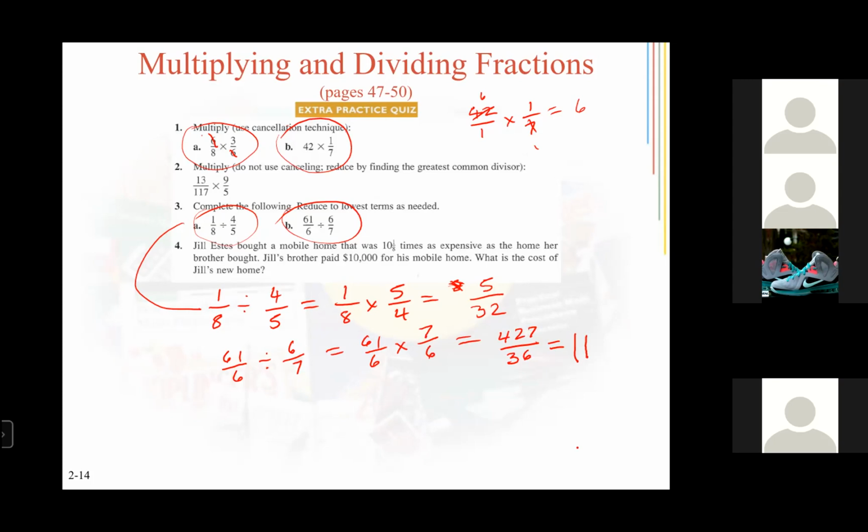Oh no, we want it in fraction form. You divide it fully. It's going to be something over 36.